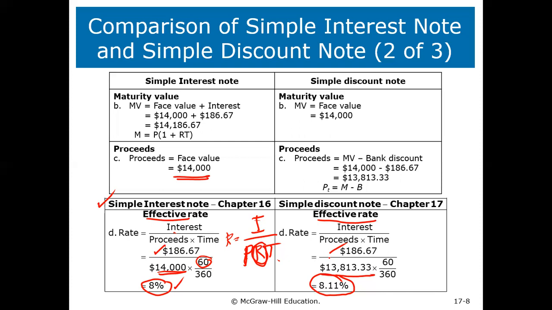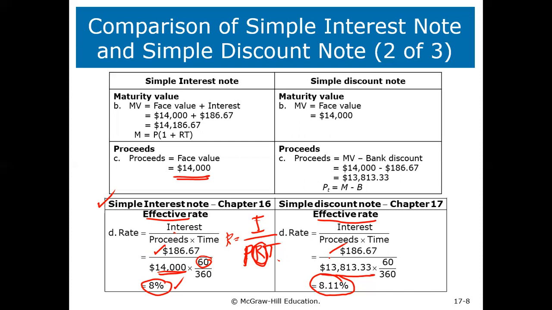So from the perspective of the lender, in terms of effective rates, it is better for them to discount. In other words, they get the interest immediately from the borrowing. Remember that money has a cost.